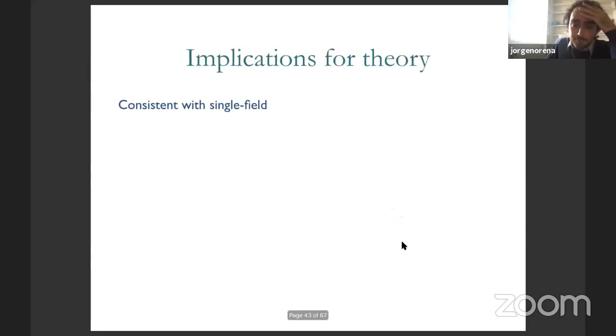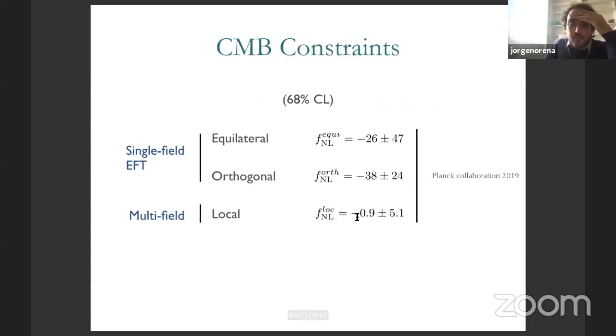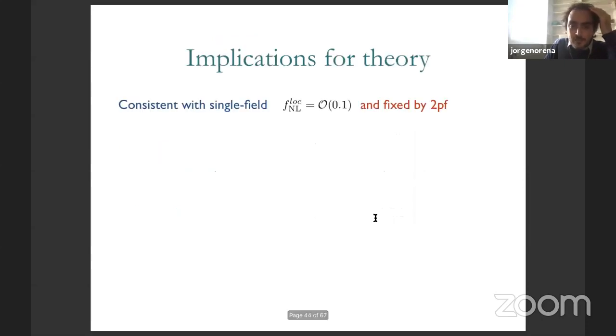Okay. So what do we learn from these constraints by Planck? First, remember, the local shape, the one of multi-field, is of order 10. We learned that everything is consistent with single field inflation. Single field inflation predicts a very small value for this divergence. It's 0, but there are some projection effects that generate a non-zero value, which, however, is very small.